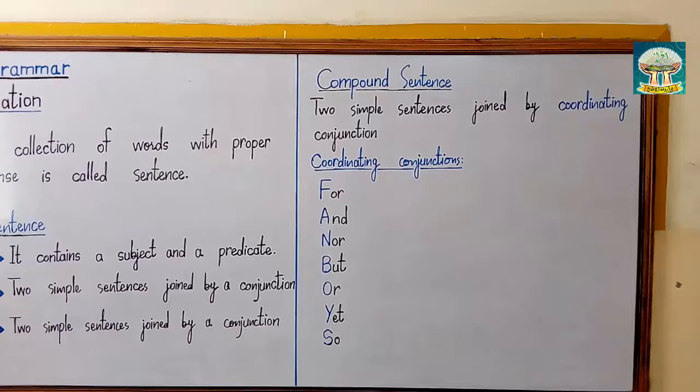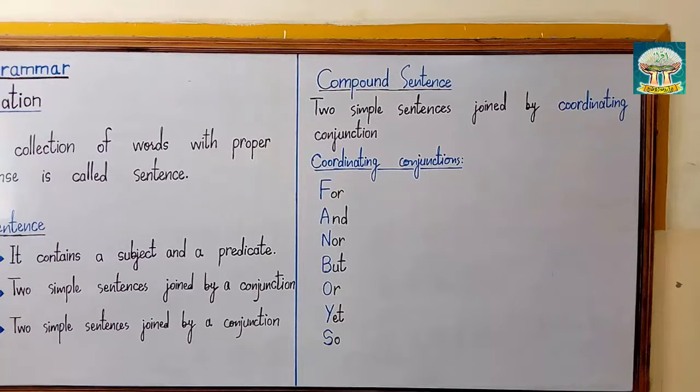FANBOYS are coordinating conjunctions. So if 2 simple sentences are joined by any one of these 7 coordinating conjunctions, those 2 simple sentences will become one sentence, and that will be called a compound sentence.